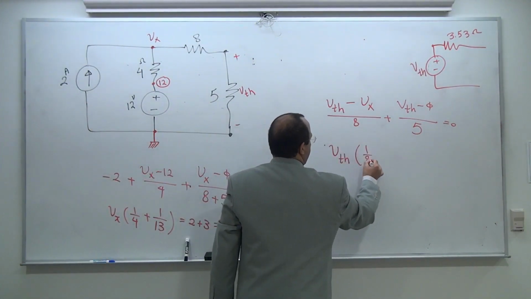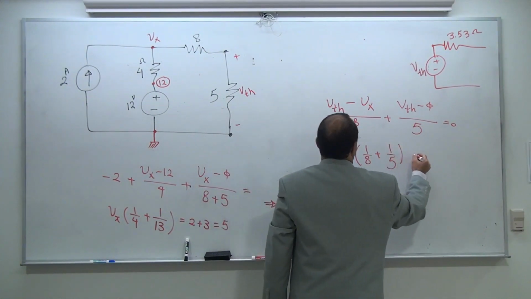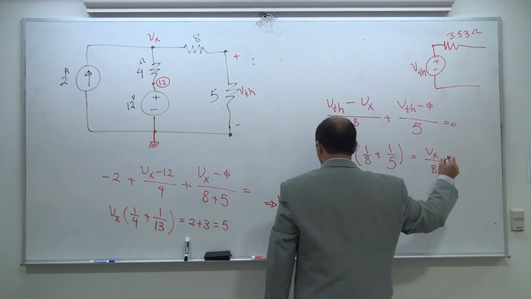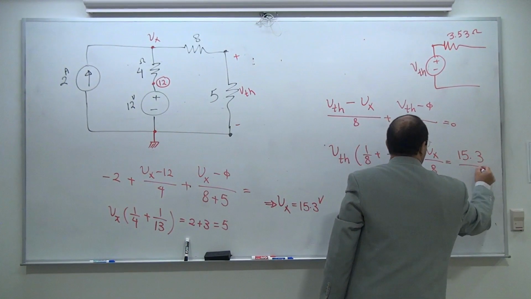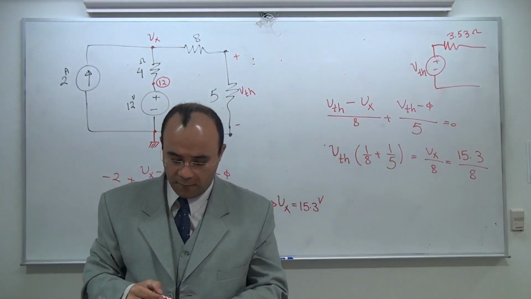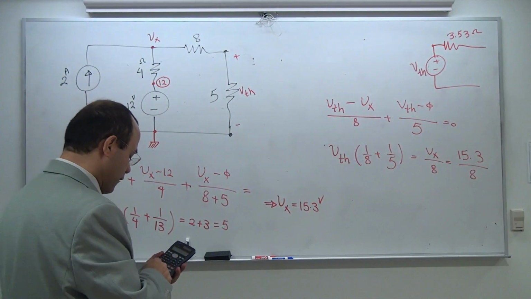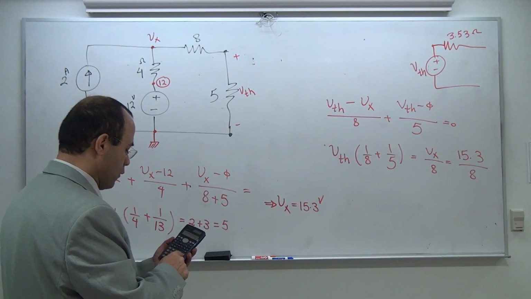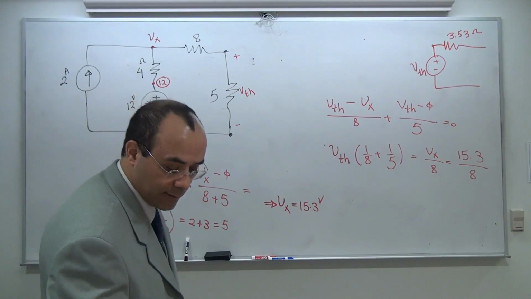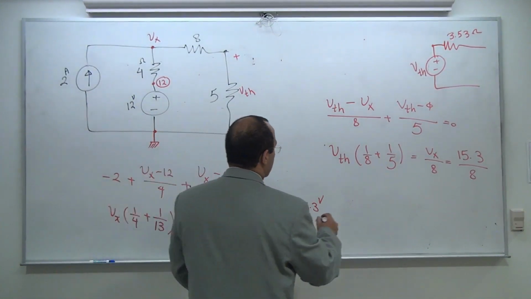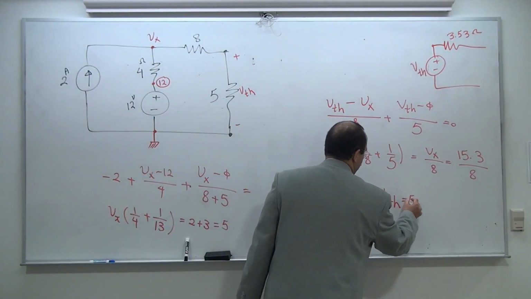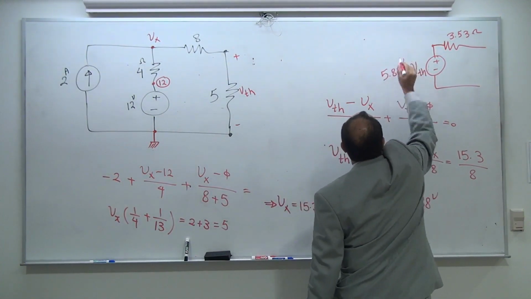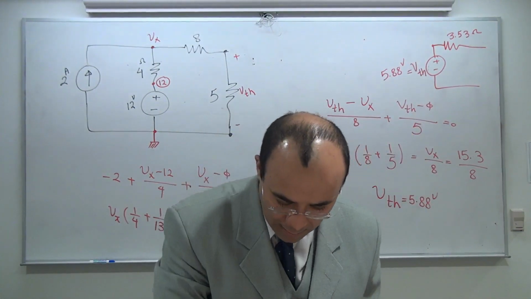Thevenin times 1 over 8 plus 1 over 5 as equal to Vx divided by 8. I already know what Vx is, almost 16 volts. We utilize the calculator one more time: 15.3 divided by 8 divided by open bracket 1 over 8 plus 1 over 5, and it's 5.88. So Thevenin is 5.88 volt. You got yourself a Thevenin.